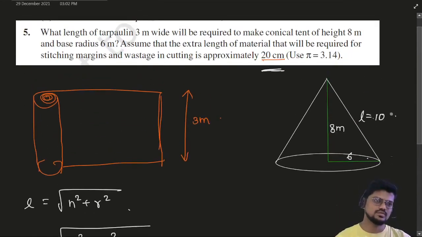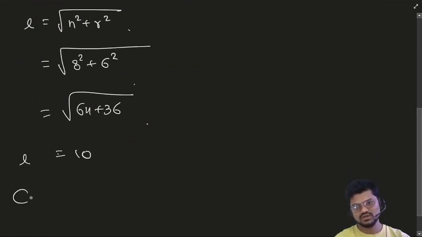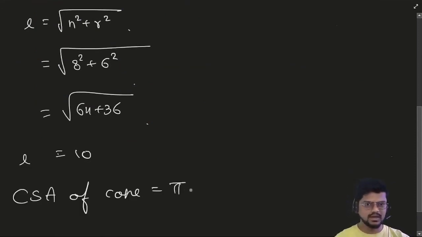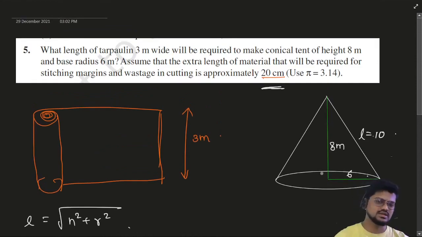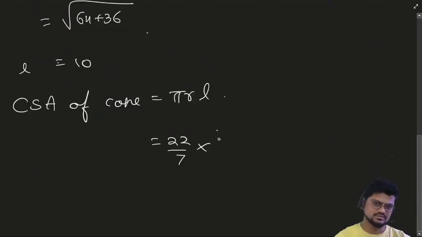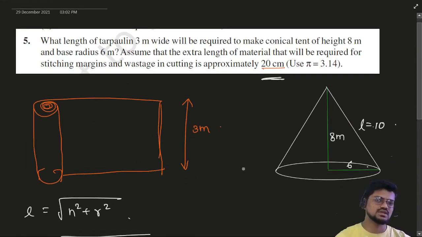Since it has to be covered with a tarpaulin, we have to find the curved surface area only. Curved surface area of cone equals pi r L. The value of pi is 22 by 7, r is 6, and L, the slant height, is 10.